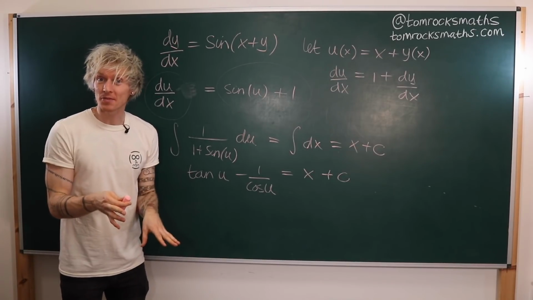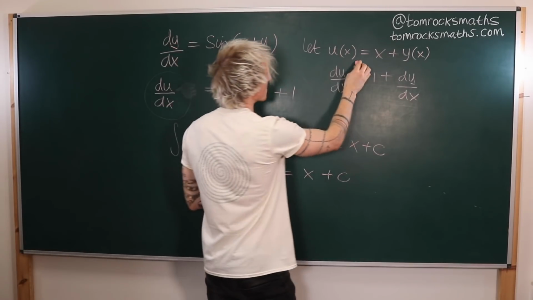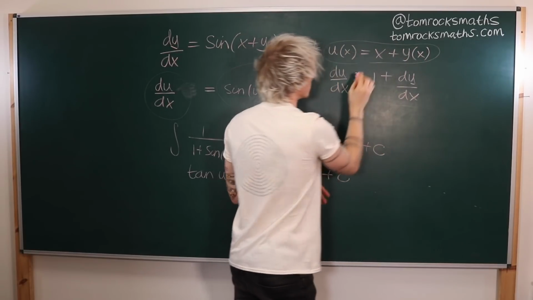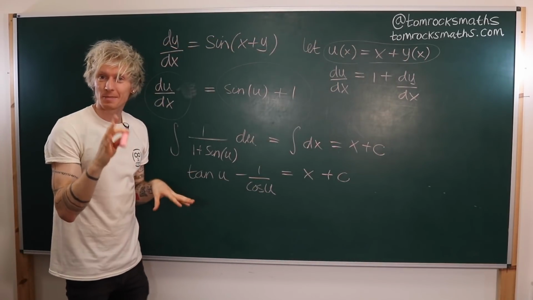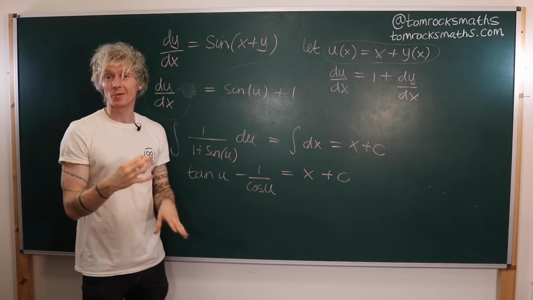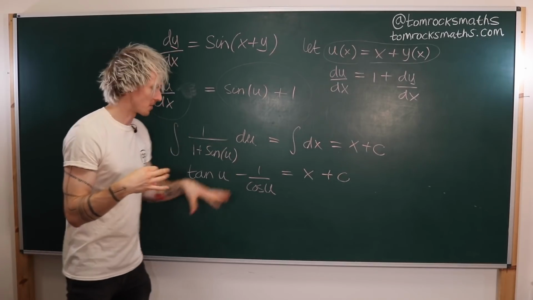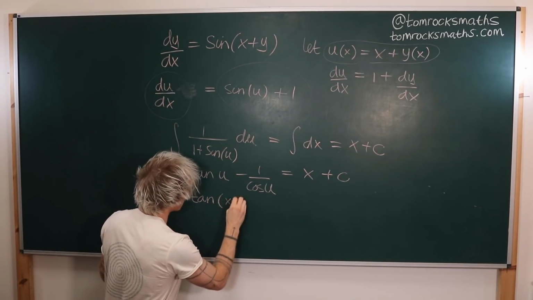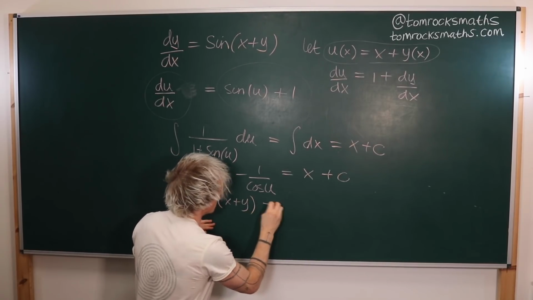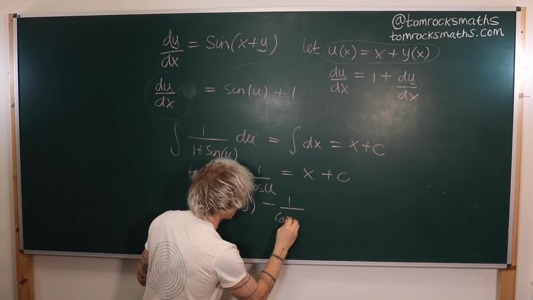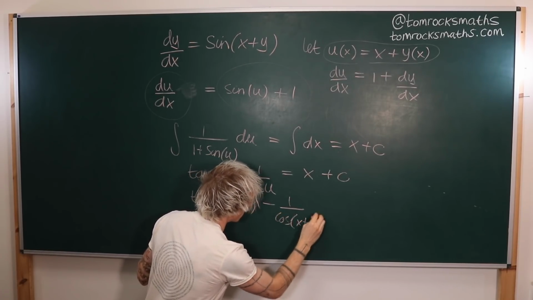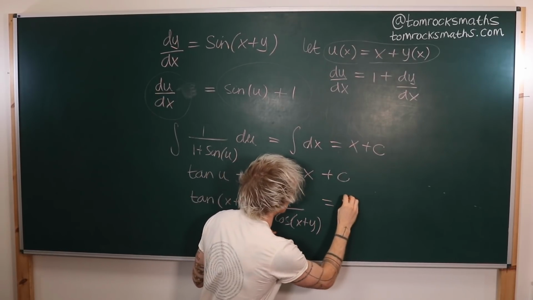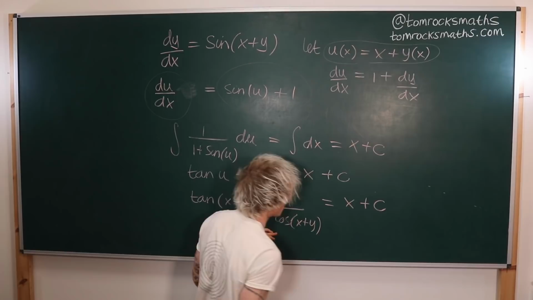Now the final step, of course, is to remember we made this substitution, that u was equal to x plus y, so we cannot leave the u in our solution. So we substitute back, and we can say that tan of x plus y minus 1 divided by cos of x plus y is equal to x plus c.